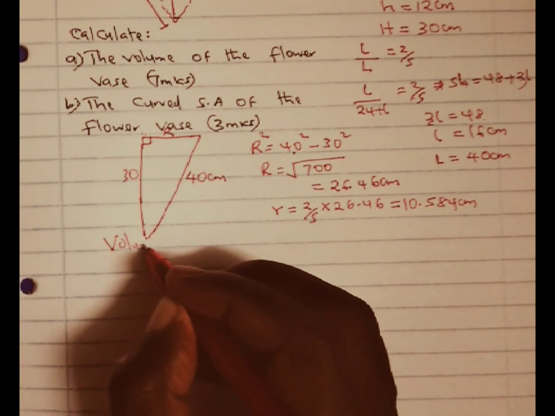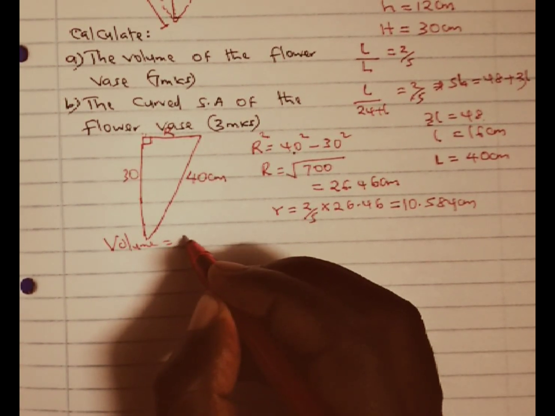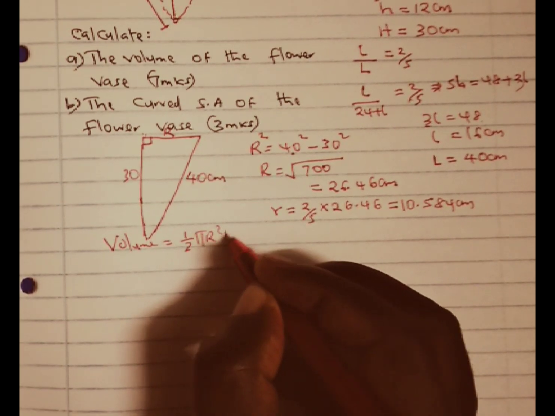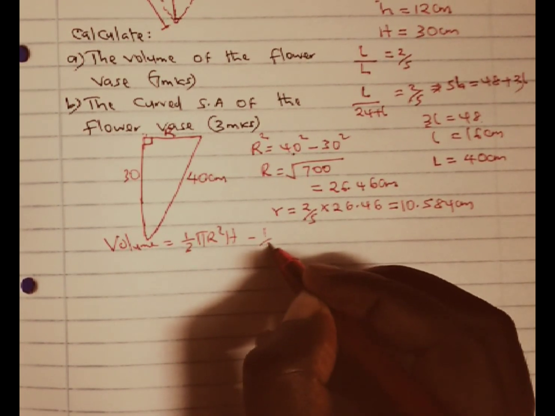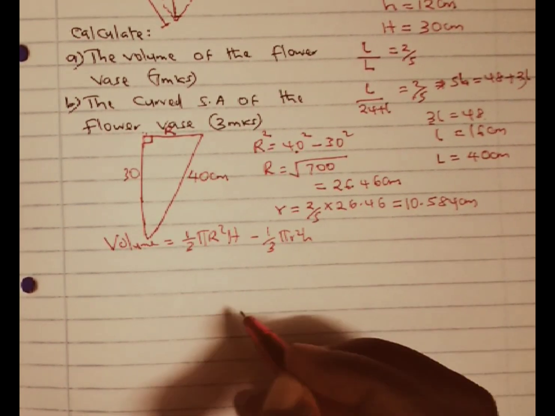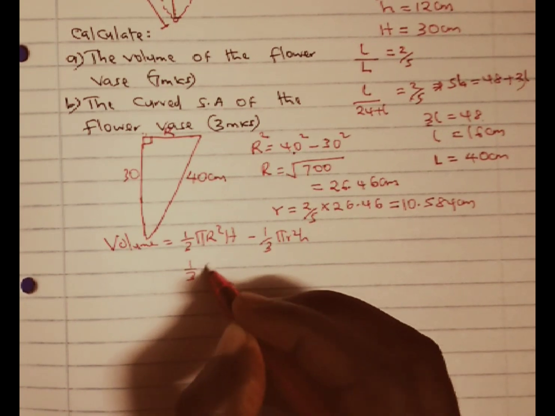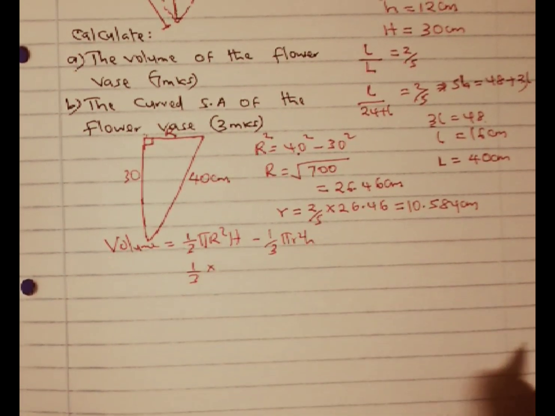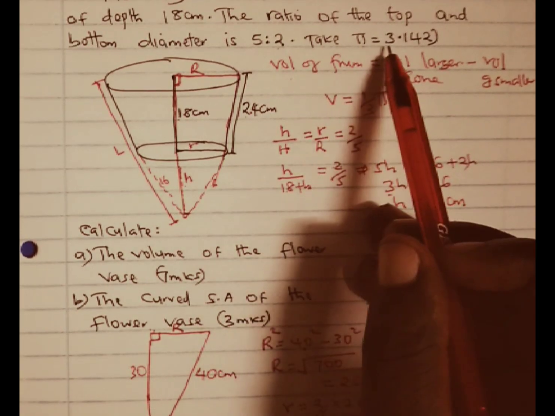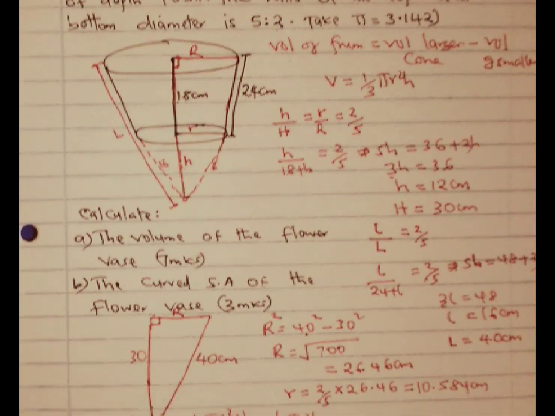To get the volume of the frustrum, we get the volume of the larger cone minus the volume of the smaller cone, and this one is going to give us a third times pi, which was given, and our pi was actually 3.142.